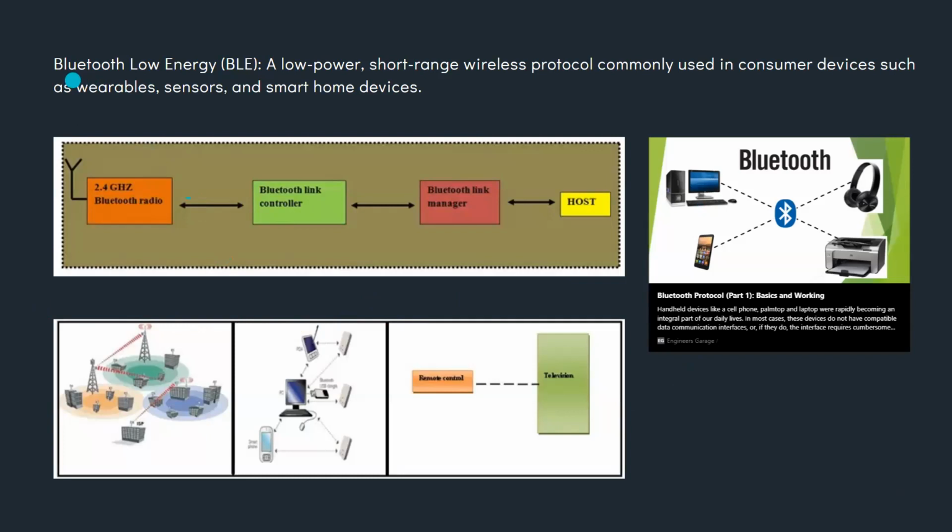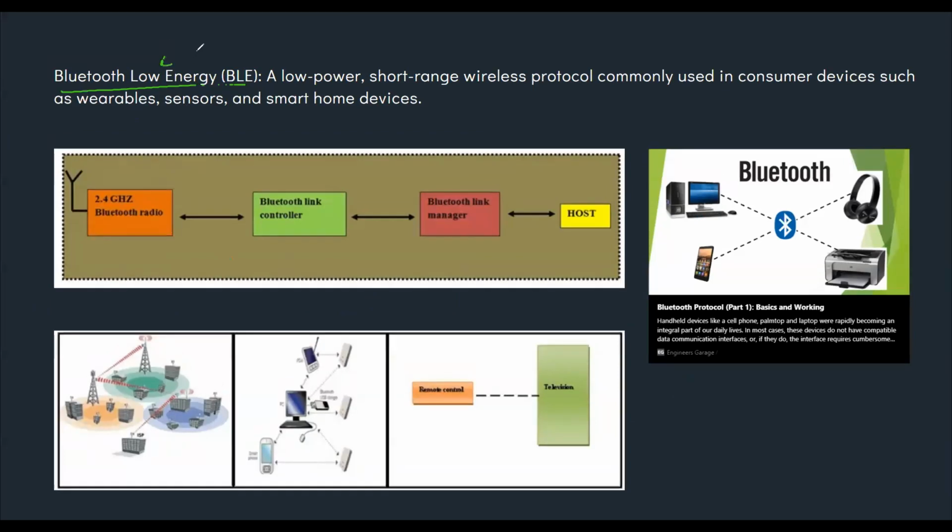There is Bluetooth and Bluetooth low energy, and there is a difference between them. Bluetooth low energy consumes less power than normal Bluetooth, and therefore it is only used for short range communications.